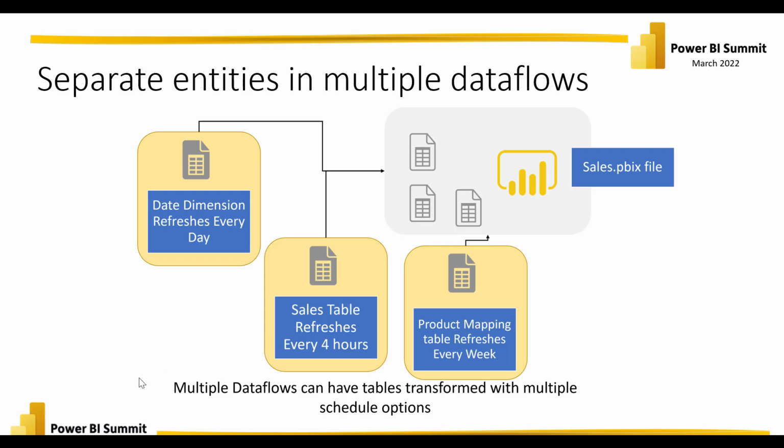In this example, the sales table needs to refresh every 4 hours, the date table refreshes every day, and the product mapping table refreshes every week, which we have seen earlier in the use cases scenario. So multiple data flows can have tables transformed with multiple schedules. So those are the best practices that I wanted to cover.